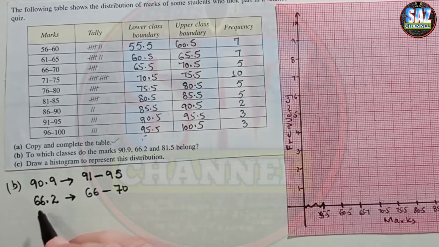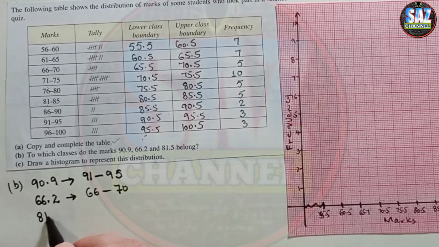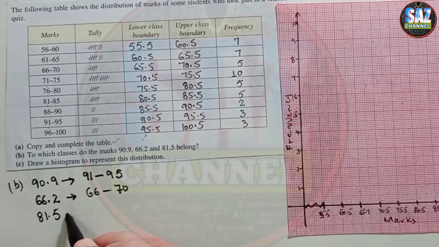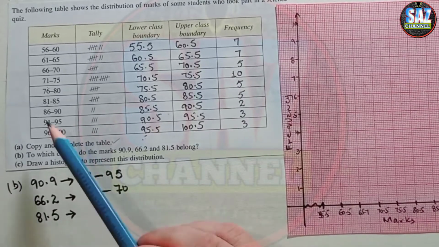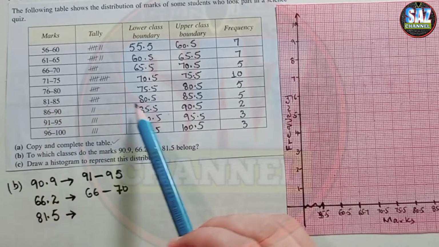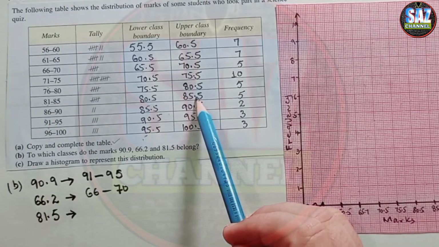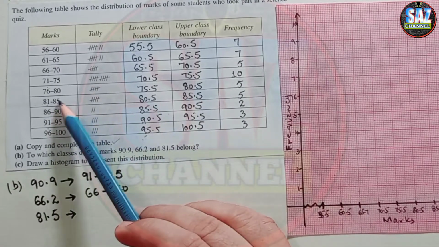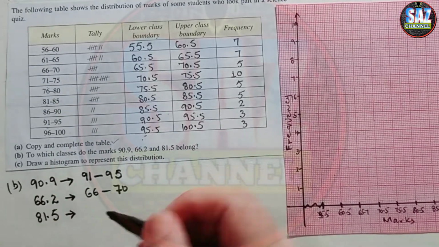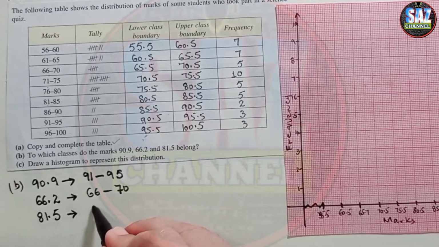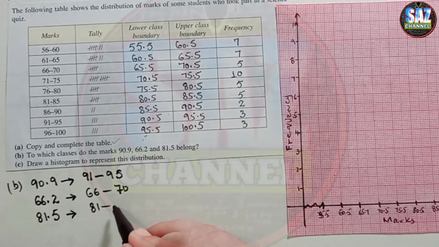And the third requirement is 81.5. Very easy questions and interesting as well. All the marks between 80.5 to 85.5 come in this class. So 81.5 will be coming in 81 to 85.